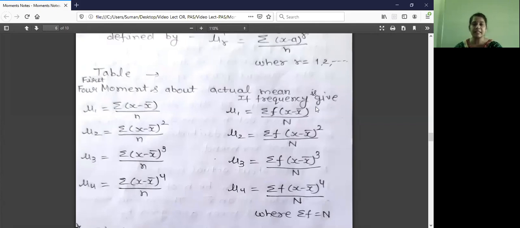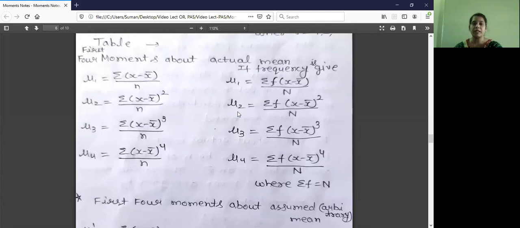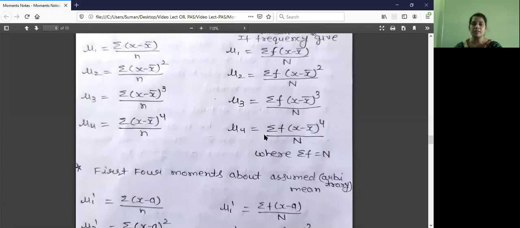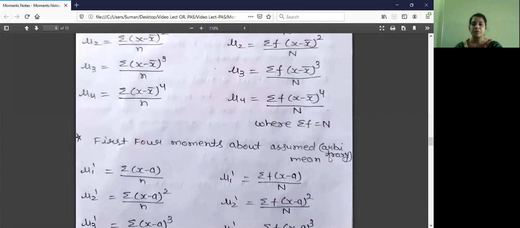And if frequencies are given, then the denominator is capital N, that means summation f. So the second moment about actual mean is summation f x minus x bar whole square divided by capital N. Mu3 is equal to summation f x minus x bar whole cube divided by capital N, and mu4 is equal to summation f x minus x bar whole to the power 4 divided by capital N, where summation f is equal to n. Got it?